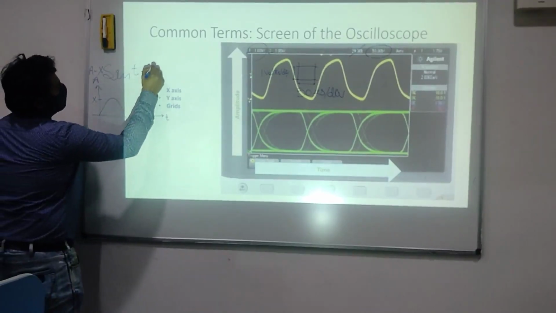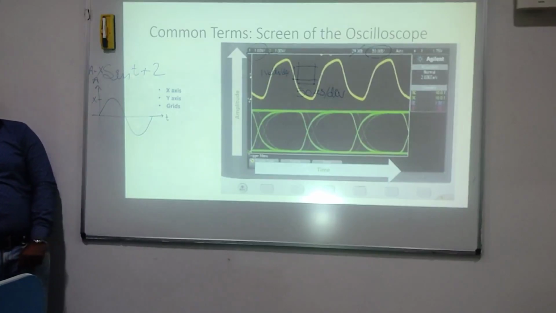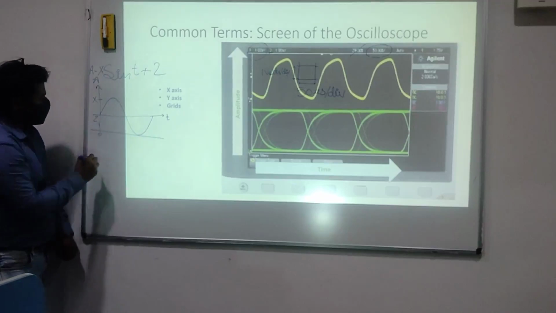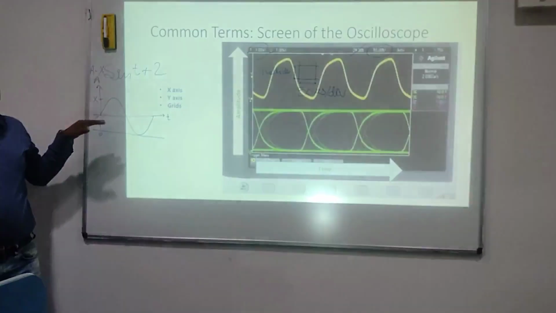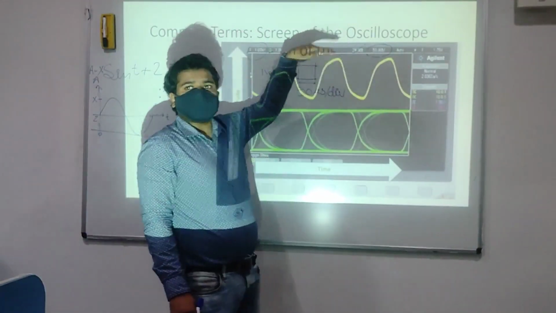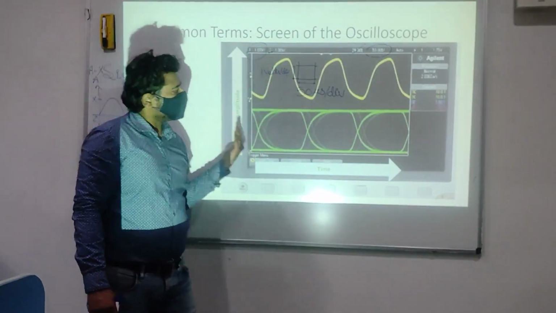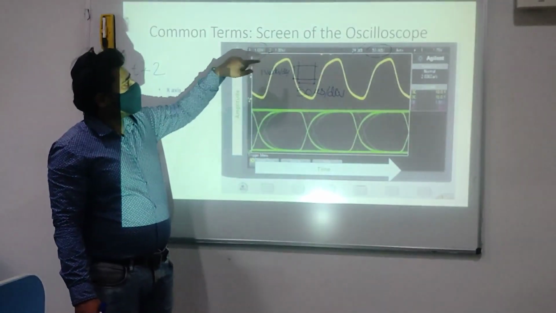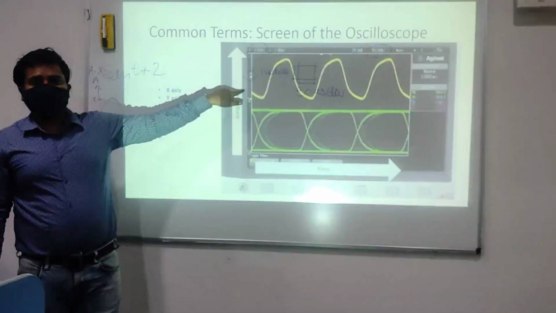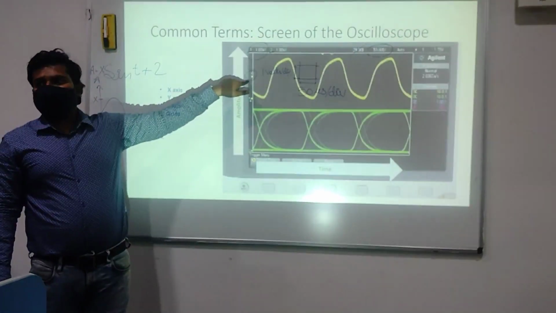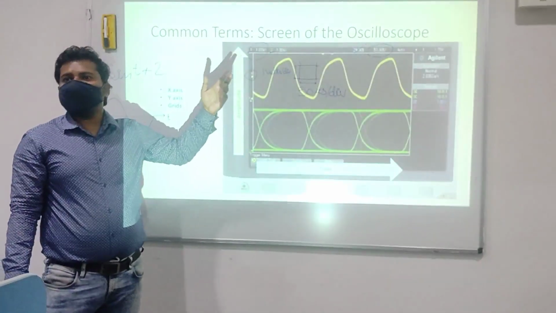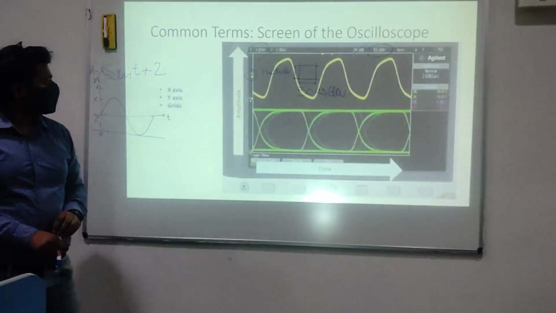What will happen if I add 2? How should I plot it? It will shift up. This is called offset, and this term here mentions the offset in time domain. Likewise, you are shifting it here, and you are also shifting it here. How would I know the vertical offset? There is a marker which will show you the vertical offset. You might be seeing it at the center right now. If it is a different setting for some of you, that's okay.